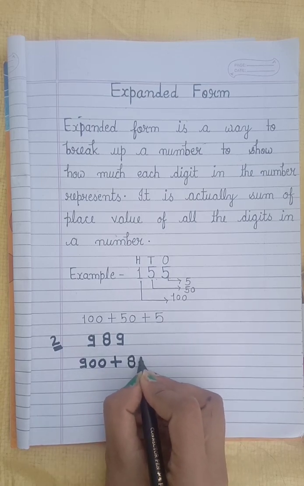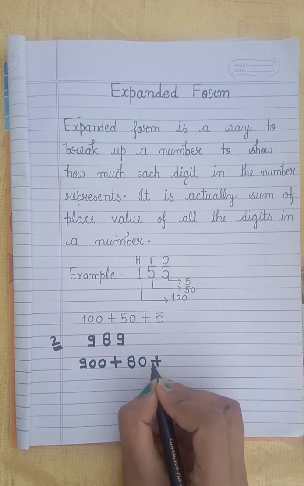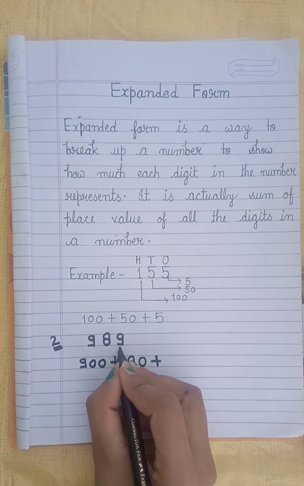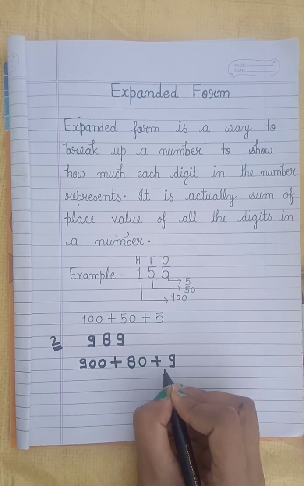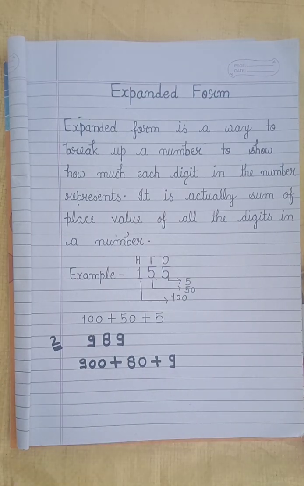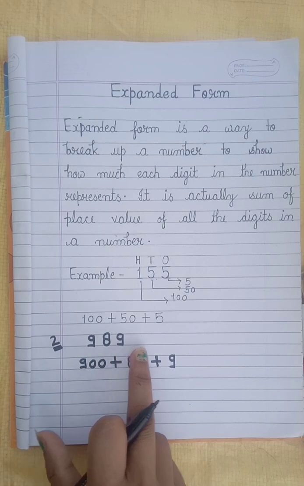So write here 80, again put the sign of addition, and then 9 is at ones place, so its place value will be 9. So it's the expanded form of 989.